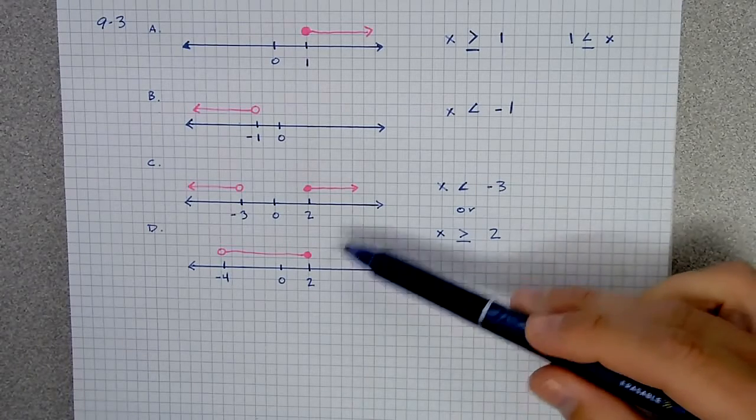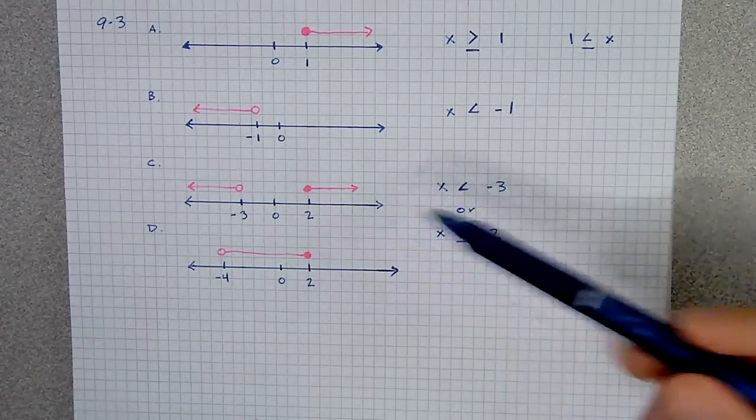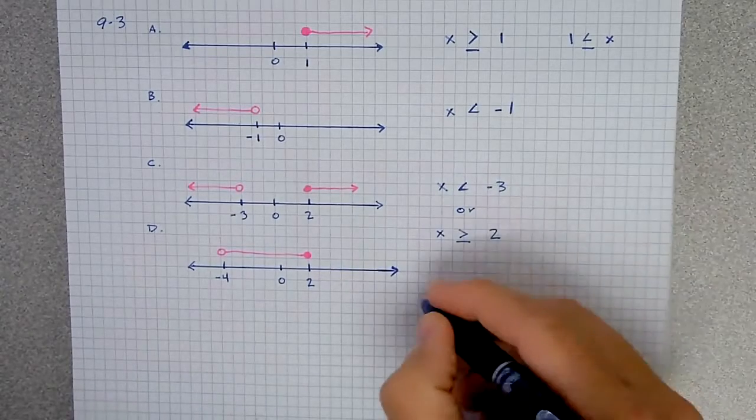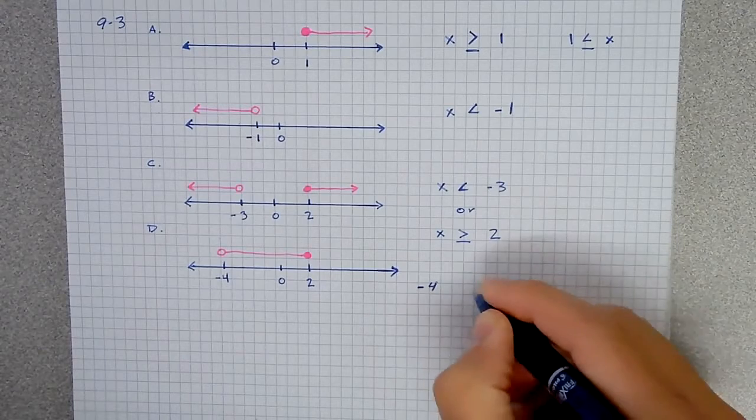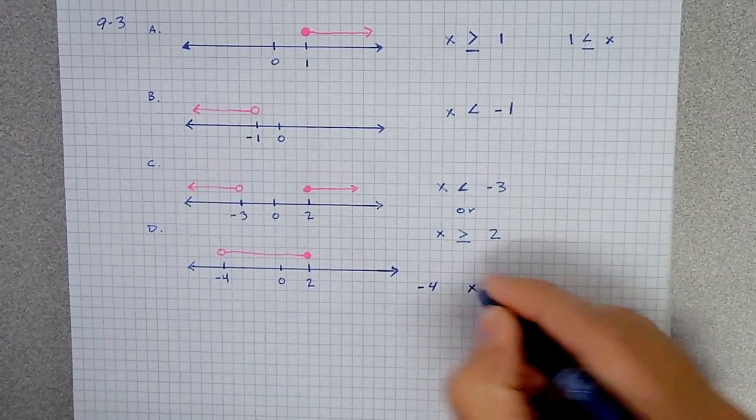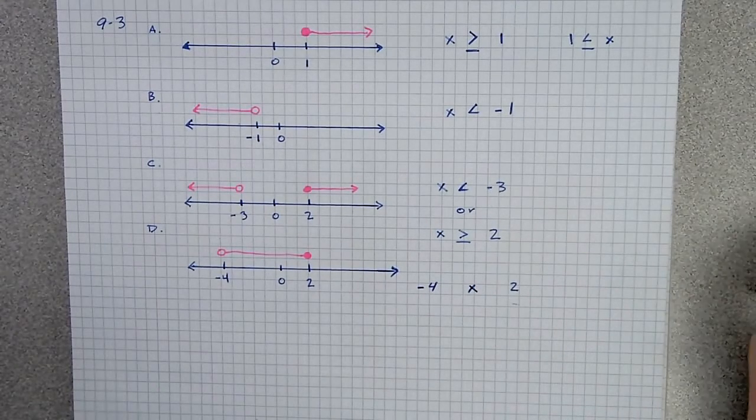And then in letter D should be an "and," right? It's a rubber band. So we have our boundary points of -4 and 2, and we have the x in the middle there.